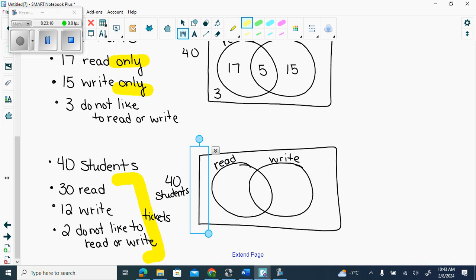So when people walked up to the desk and they put in a read or a write ticket, or I do not like either of those tickets, we had 30 people put in a read ticket. We had 12 people put in a write ticket. Could some of those people have been overlapped? Put in 2 at a time? Yeah. And then we had 2 people put in I don't like it.